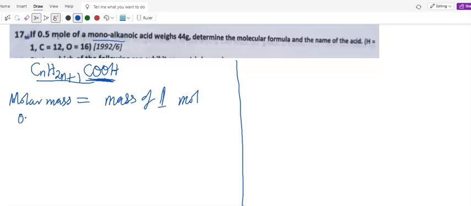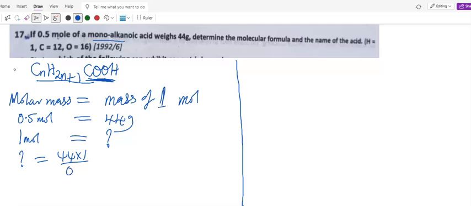So if 0.5 mole of the acid weighs 44 grams, 1 mole of the acid will weigh the molar mass, okay? So finding the molar mass is 44 times 1 over 0.5.